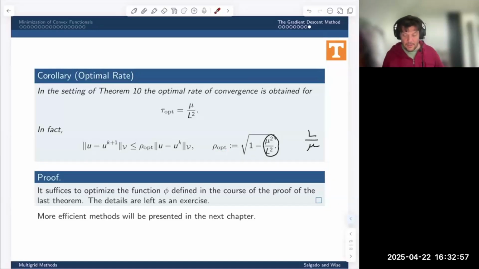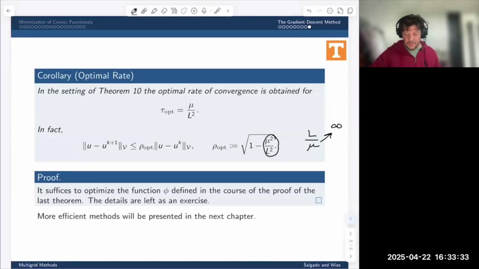And so for problems where the nonlinear condition number is quite large, this contraction factor might be very close to 1. Okay, so that would be not so great. So that's the big problem with the gradient descent method. There's no way that I can get a contraction factor based on this very simple method that doesn't deteriorate badly as this goes off to infinity. This gets large.